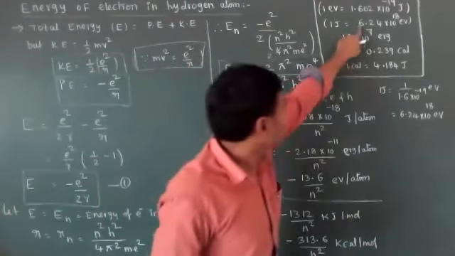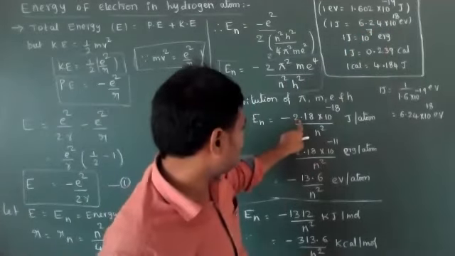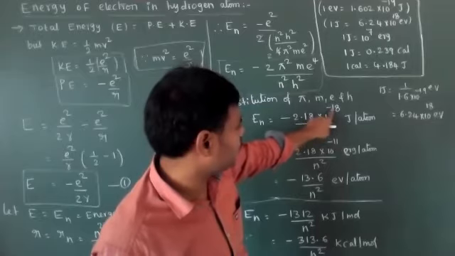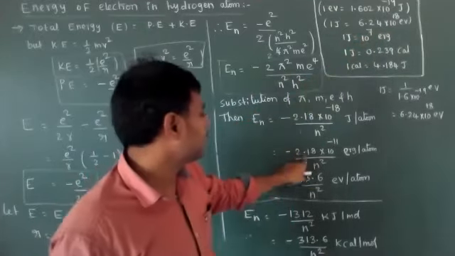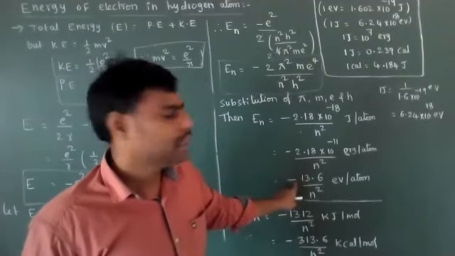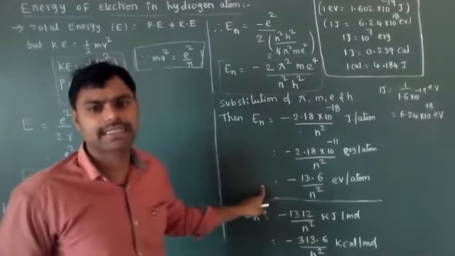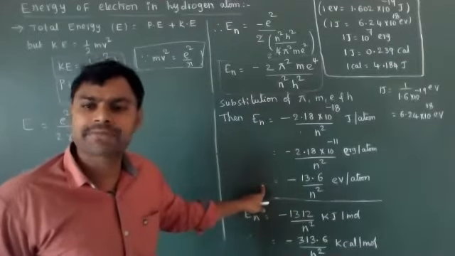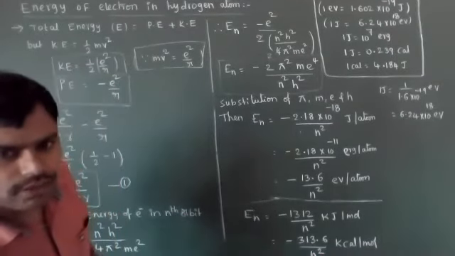This 6.24 into 10 to the power of 18 electron volts, I multiply with 2.18 into 10 to the power of minus 18, then I get approximately 13.6. That's why, in terms of electron volts, the energy of electron present in nth orbit is equal to minus 13.6 by n square electron volts per atom. Clear?